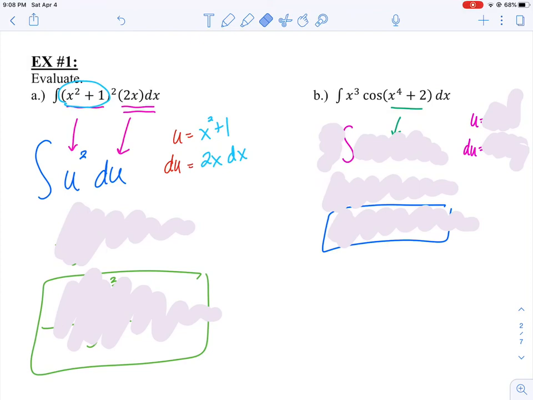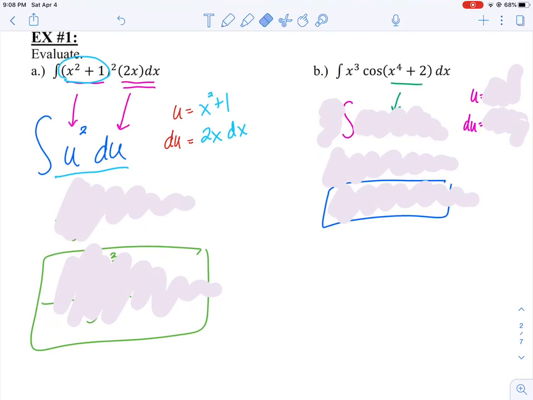And then the rest of my pieces, my 2x dx, ends up turning into my du, which is perfect, because now I have all of my pieces substituted in for u's. I don't have anything extra, I don't have anything missing, and now I have an integral that says u squared. And I can integrate u squared with respect to u because they have the same variable.